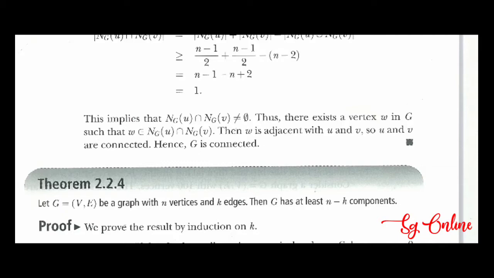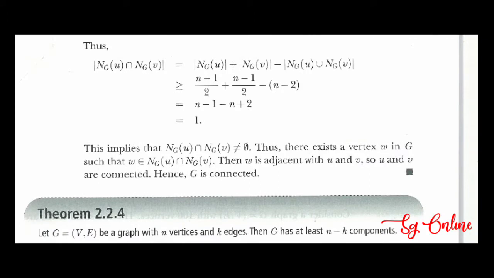So we get three results here. The first was that for any connected graph with n vertices, there are at least n minus 1 edges. This result says that this is a necessary condition: if the number of edges is less than the number of vertices minus 1, then the graph automatically becomes disconnected.